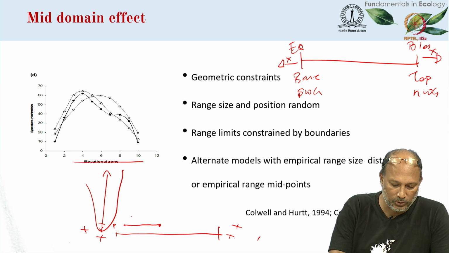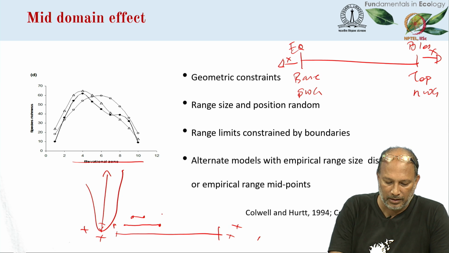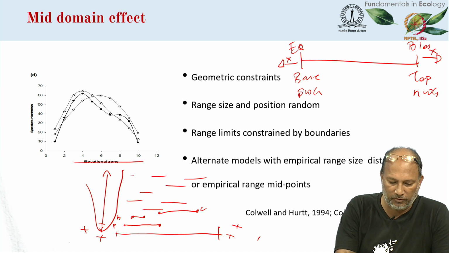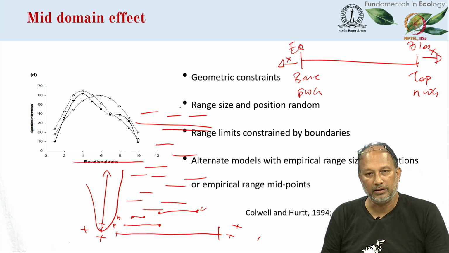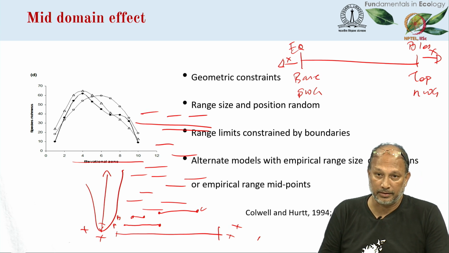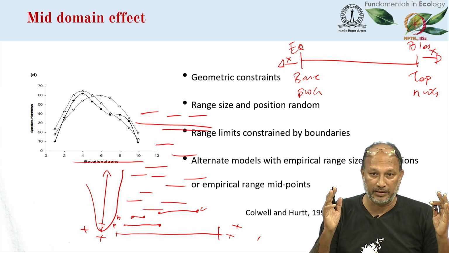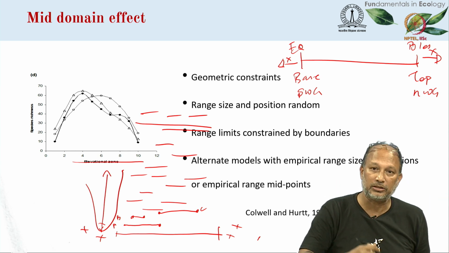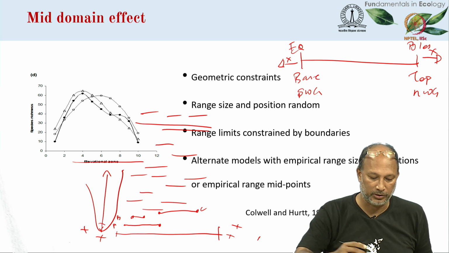Then I do the same for species B, smaller but near the left, slightly larger, this is species C, and so on. So let me do this for lots of different species for this particular group. Some are very large, some are very small, but the sizes of these ranges are randomly selected, and where I'm placing them is also randomly selected. And this was done using a computer algorithm.